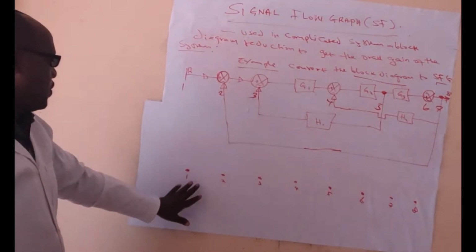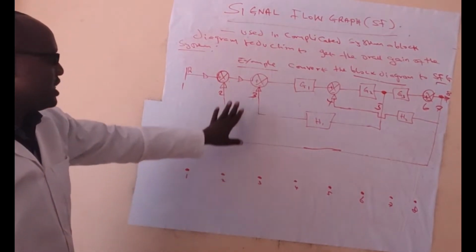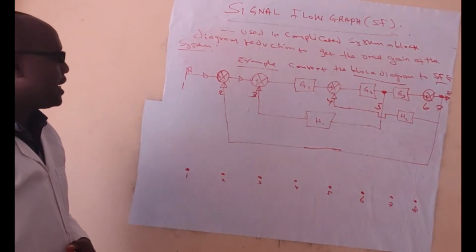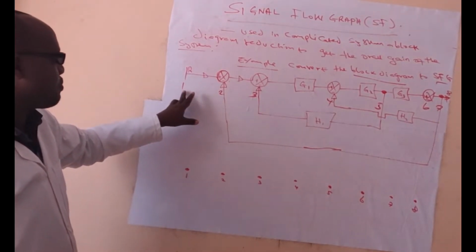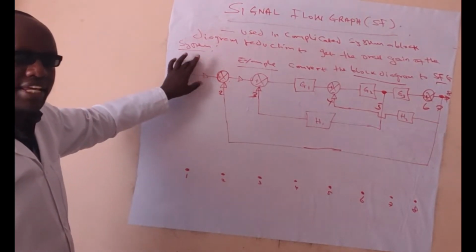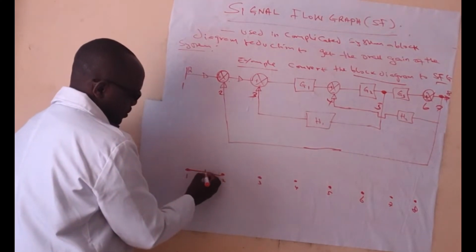We now draw the signal flow graph based on the directions of the flow of the block diagram. We start from R. From 1 to 2, the gain is just 1, going in that direction.